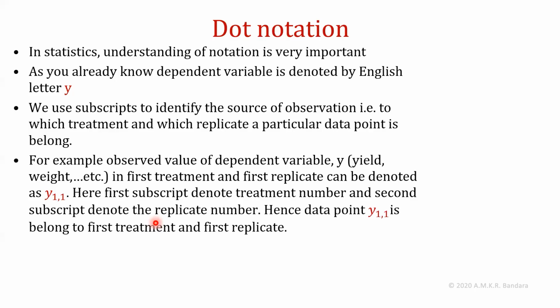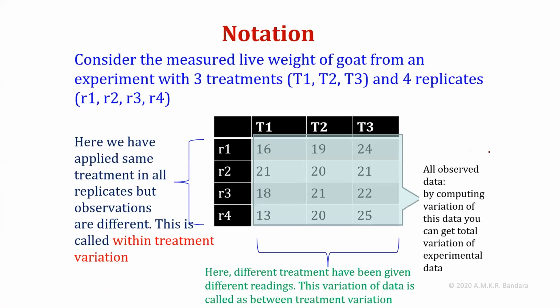So in y11, this denotes the treatment number, and this denotes the replicate number. In the earlier example, the first treatment, first replicate value is 16. So y11 is 16. y12 is 21.